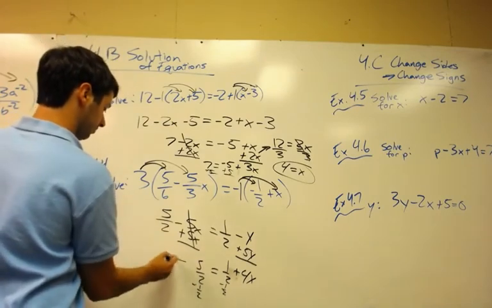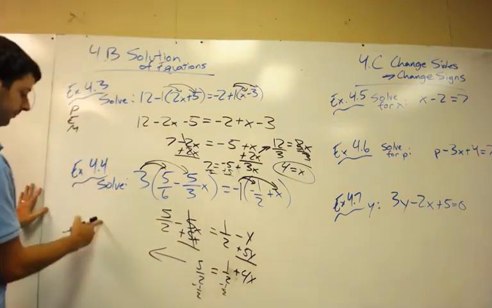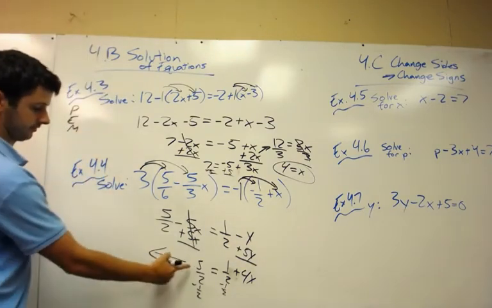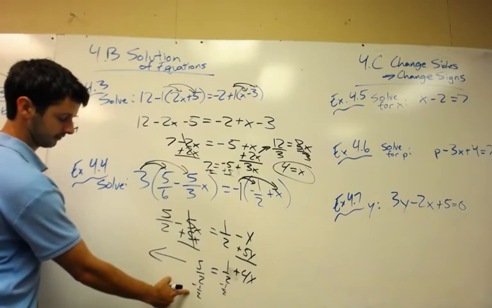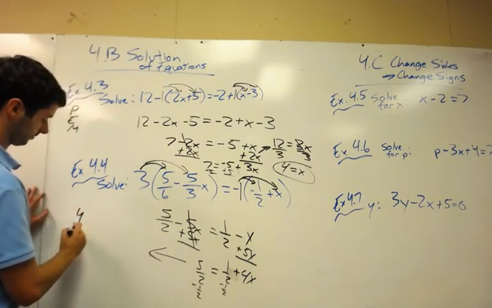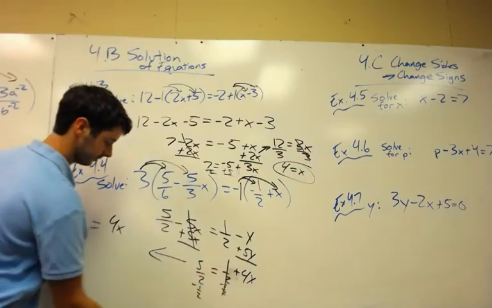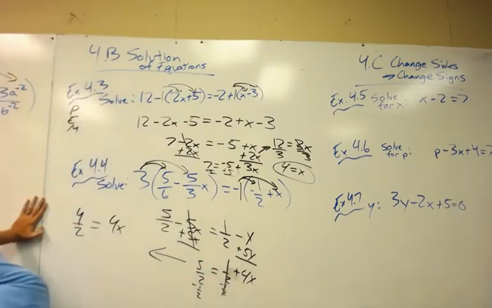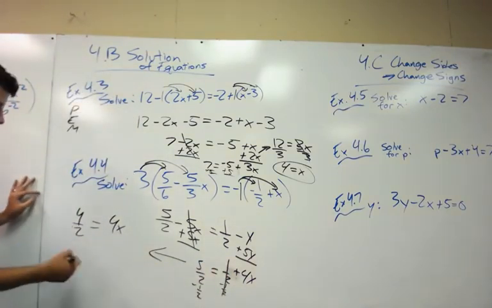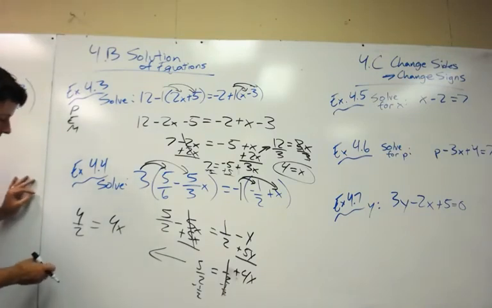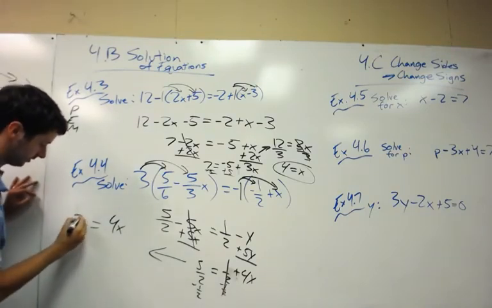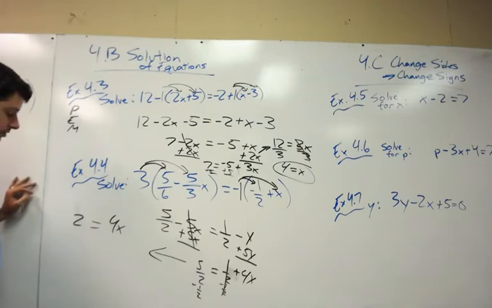Go Chinese style, move it to the left. 5/2 minus 1/2 is 4/2 equals 4x. 4 divided by 2, hopefully we know that math by Algebra 2, that is 2. 2 equals 4x.